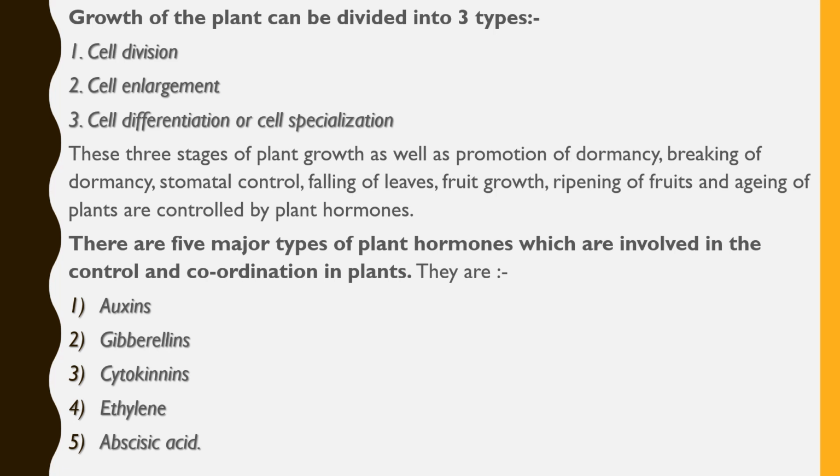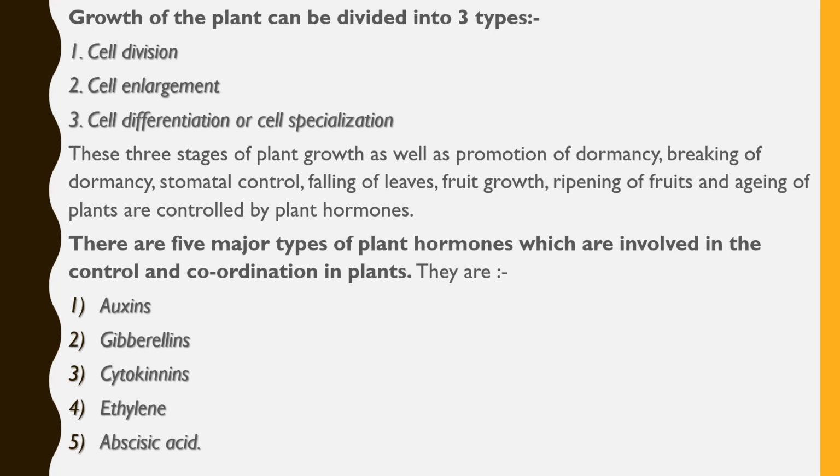Growth of the plant can be divided into three types, that is cell division, cell enlargement and cell differentiation or cell specialization. Cell division is the process in which cells divide to increase the number of cells. The daughter cells formed are then enlarged to increase their size and grow to their full extent, then get ready to divide again.